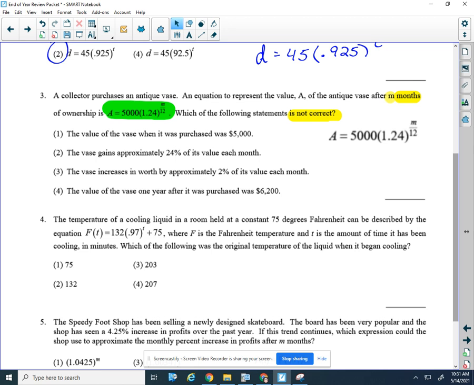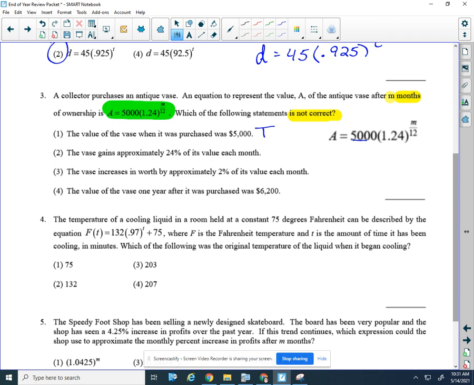To save a little bit of time, I just copied that equation in green and made it a little bit bigger. This is talking about months. Keep that in mind. Number 1, the value of the vase when it was purchased was $5,000. That's our initial. That is true.